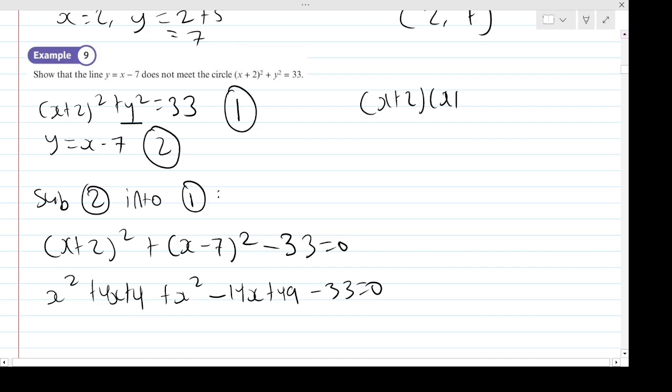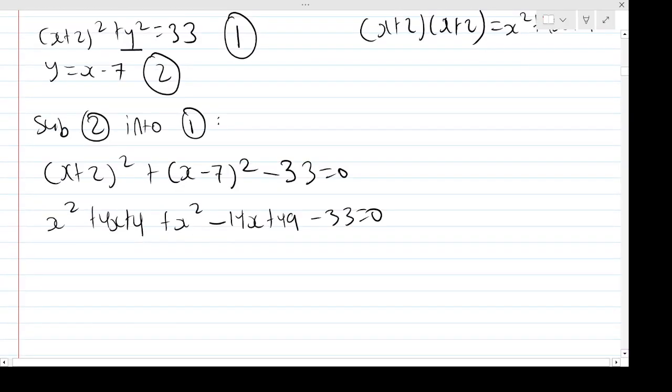So that would be x squared plus 2x plus another 2x, 4x, plus 4. But hopefully when you get really used to it, like I have, you do start to be able to expand simpler brackets fairly quickly. Anyway, we get that then.